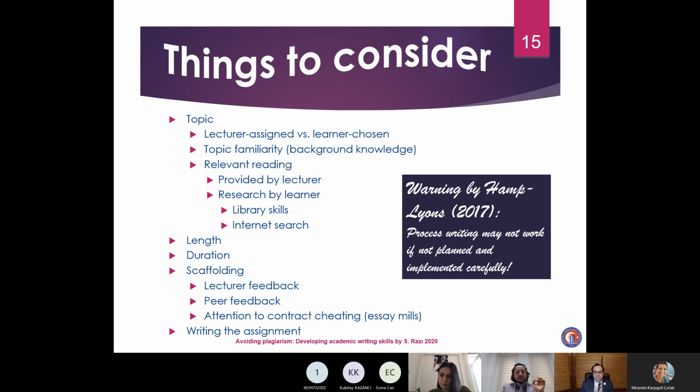However, there will be several things to consider here when it comes to the process approach.